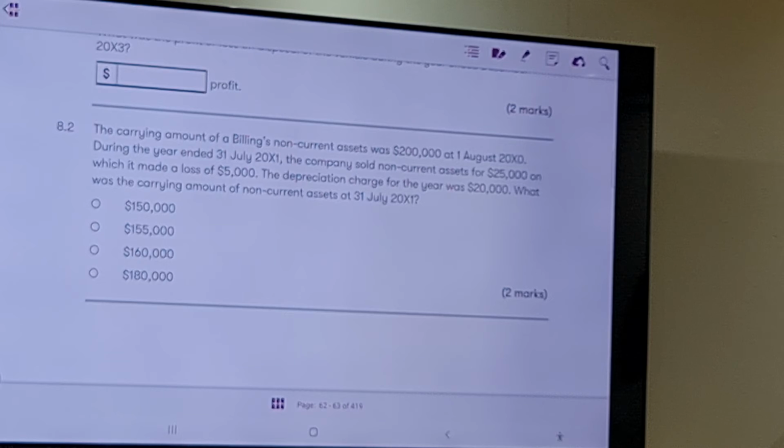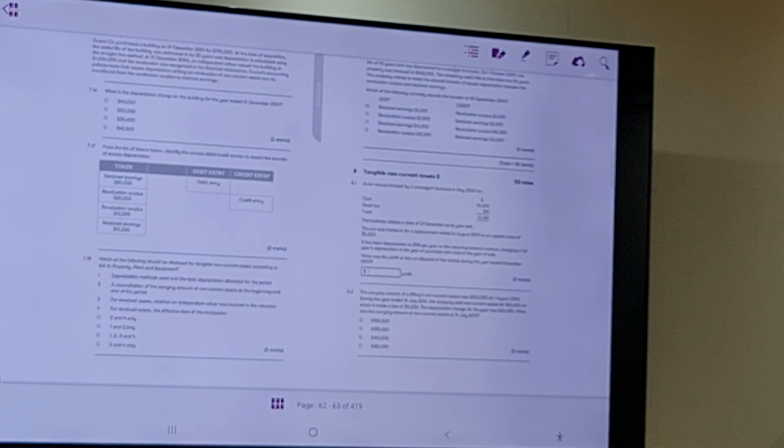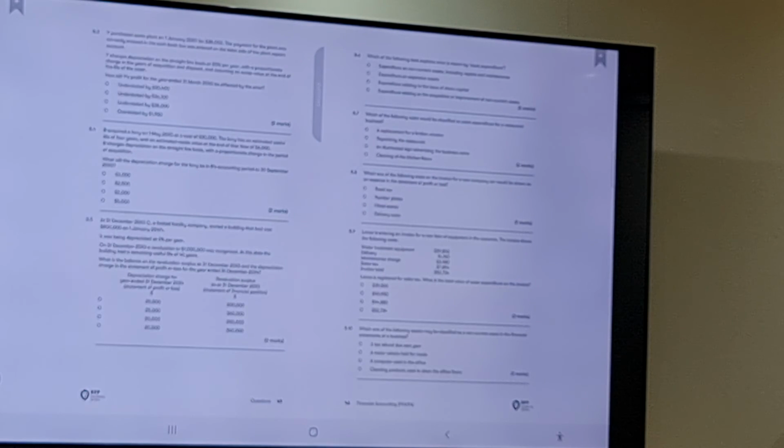Carrying amount equals cost minus accumulated depreciation.